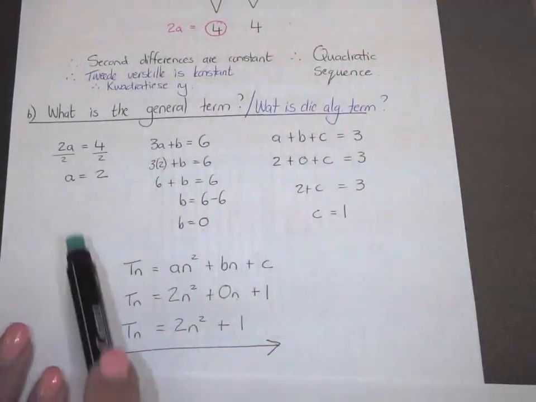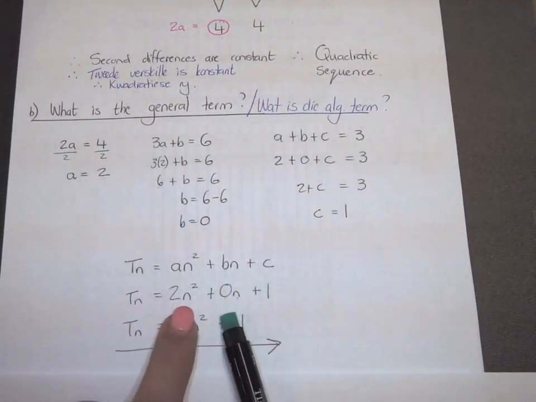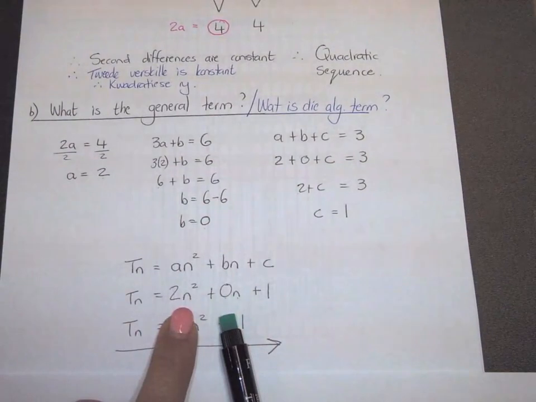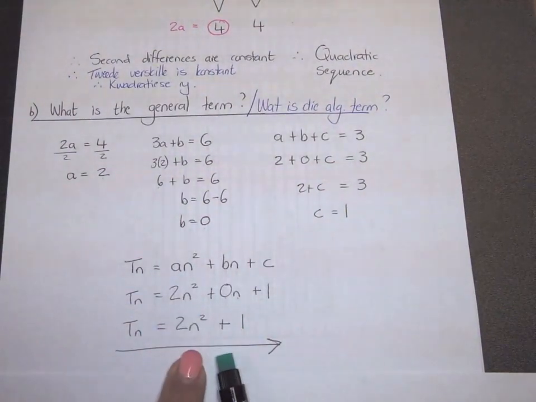Then, once you have A, B, and C, you substitute it into your general formula, and then you get your general term.